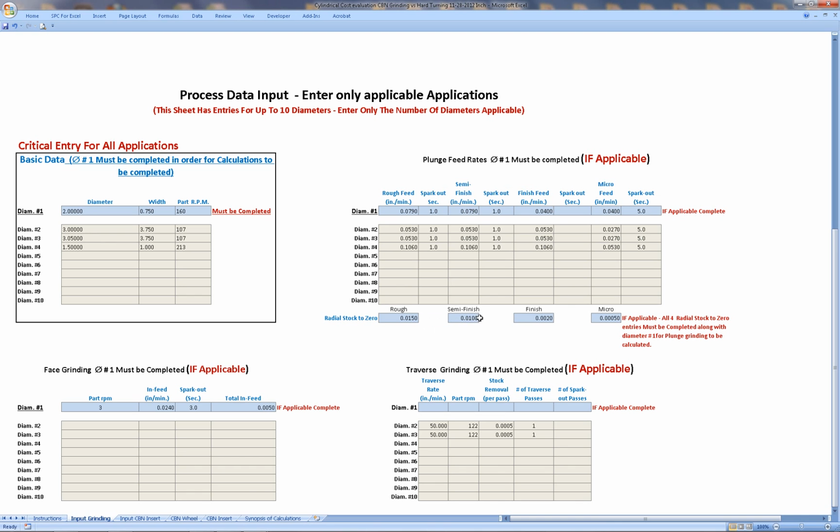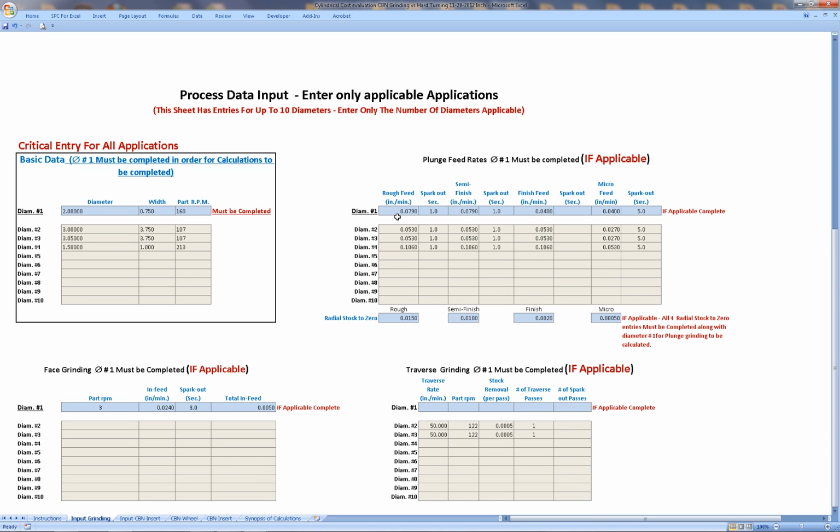The next move would be from 10 thousandths down to 2 thousandths. So we would have a total stock removal on radial of 8 thousandths, and that's where the in-feed rates would be calculated from. And we go to micro of 5 tenths, which means we'd have a total stock of 1.5 thousandths, and the final feed would be the total left of 5 tenths.